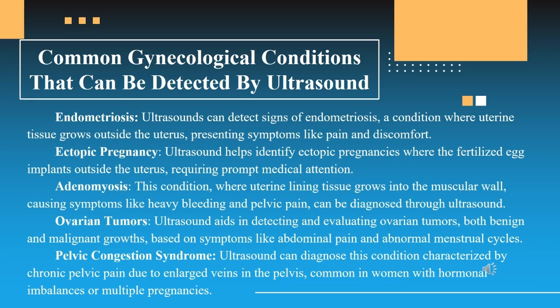Ovarian tumors, both benign and malignant growths, can cause symptoms like abdominal pain and abnormal menstrual cycles. And pelvic congestion syndrome can be diagnosed by ultrasound, with characteristics such as chronic pelvic pain due to enlarged veins in the pelvis, common in women with hormonal imbalances or multiple pregnancies.